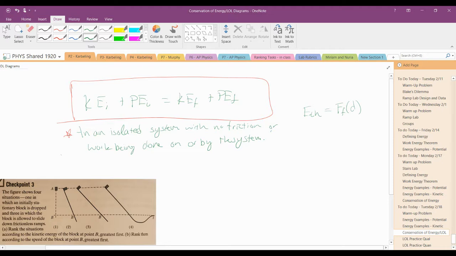So if you're experiencing friction, you're losing some energy to thermal energy. And if you do work on the system, you're putting energy into the system, so that would give you more at the final position than at the initial position.